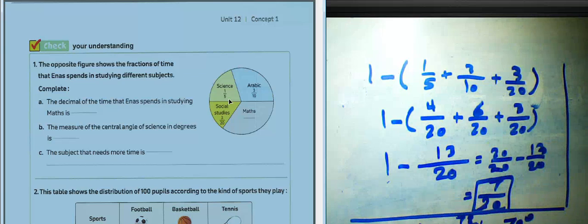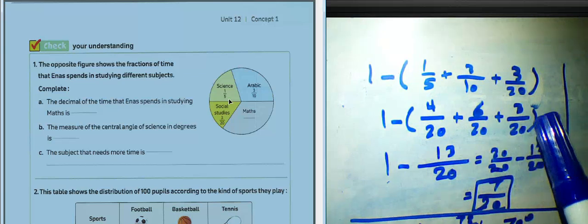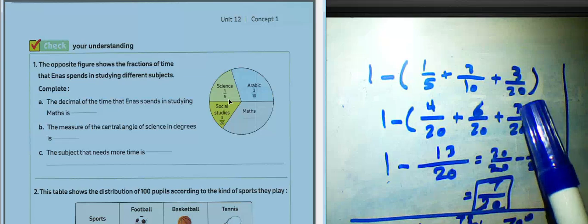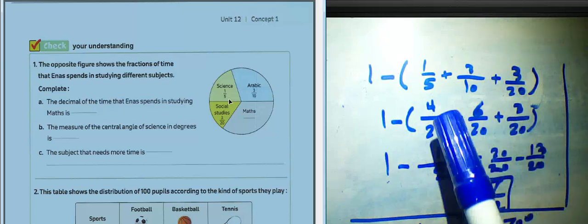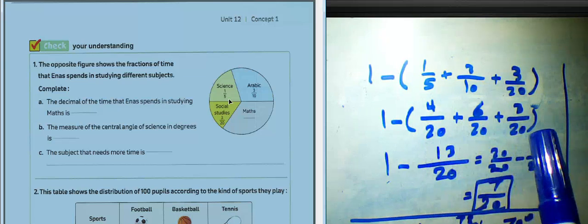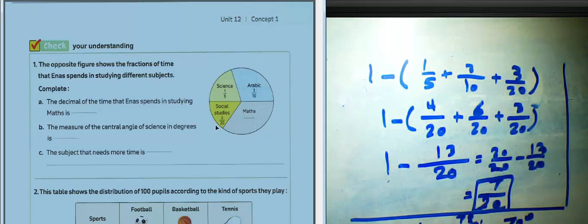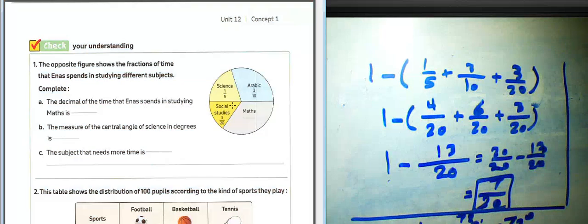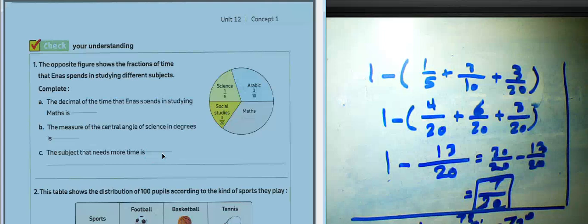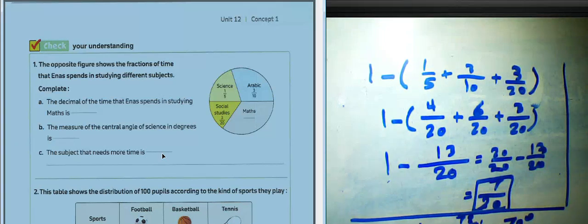The least part was 3 over 20, because 3 over 20 is less than 4 over 20 and less than 6 over 20. So the subject that needs more time, we will study hard about, is 3 over 20, social studies. We must write here in this space social studies, the subject that needs more time.